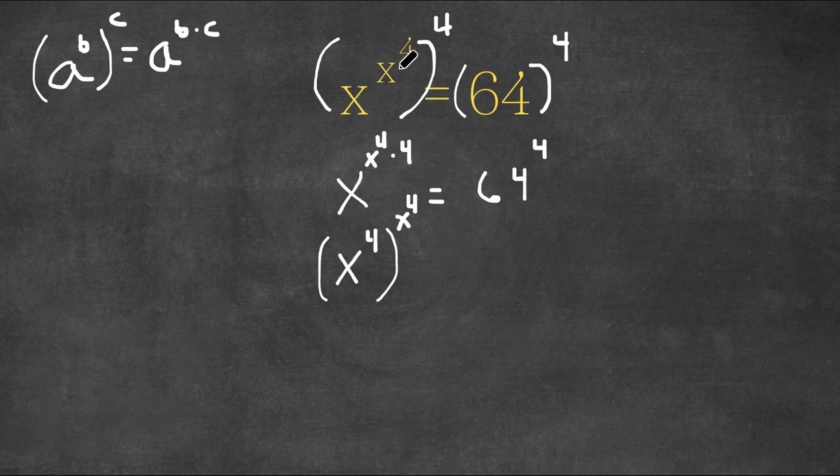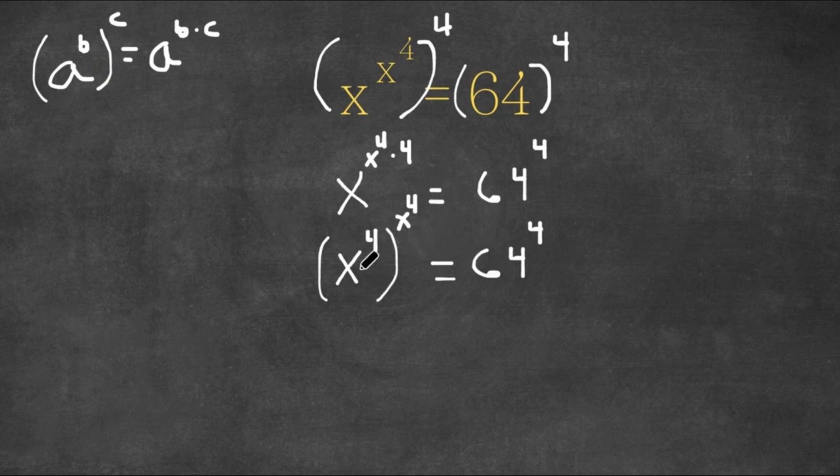Before it was x to the power of x to the power of 4 to the power of 4, and I simply switched the order of 4 and x to the power of 4, and that is completely legal. And this is still equal to 64 to the power of 4.